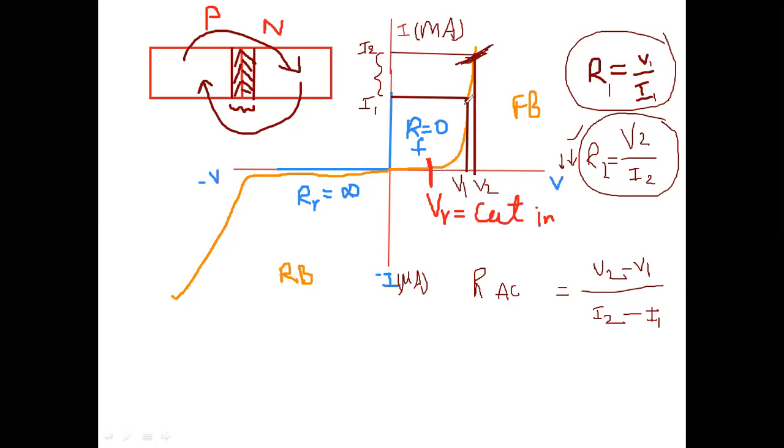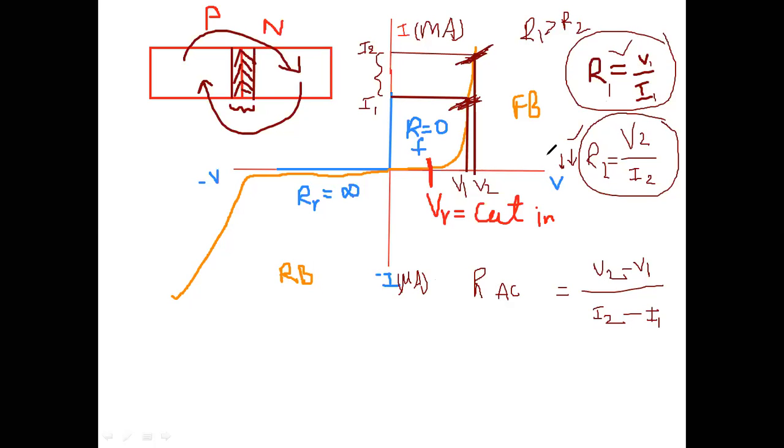If I take this point, then I will get the value of R1 as V1 by I1, such that R1 will be greater than R2.